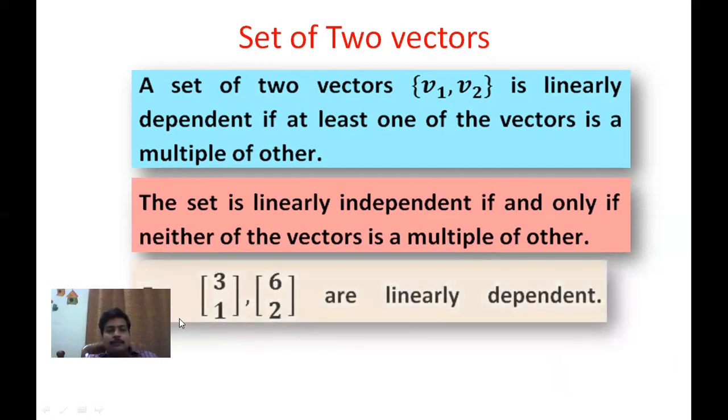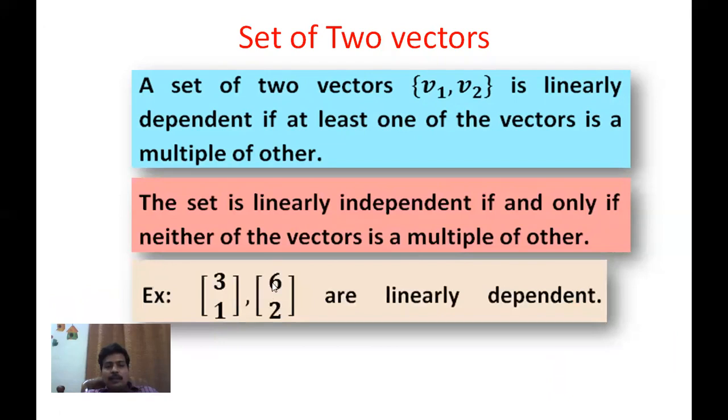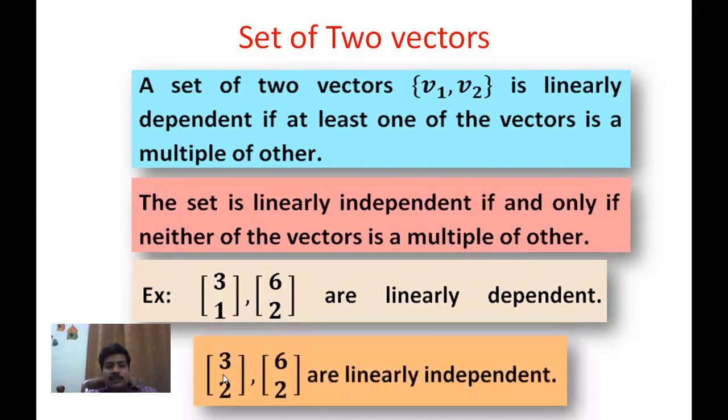For example, (3, 1) and (6, 2). If I multiply the first with 2, I will get the second. So on scalar multiplication, I will get this one, so these two are linearly dependent. This is another example. I can't get this by multiplying with 2 or any scalar. No scalar will give you the (6, 2) from this (3, 2).